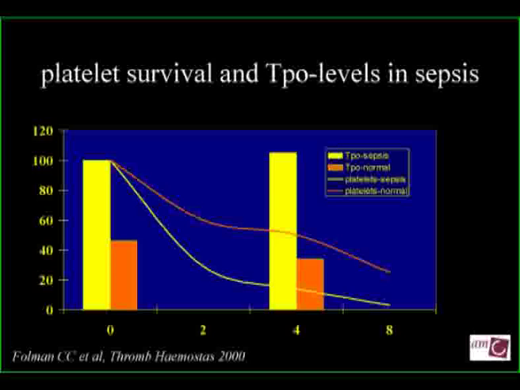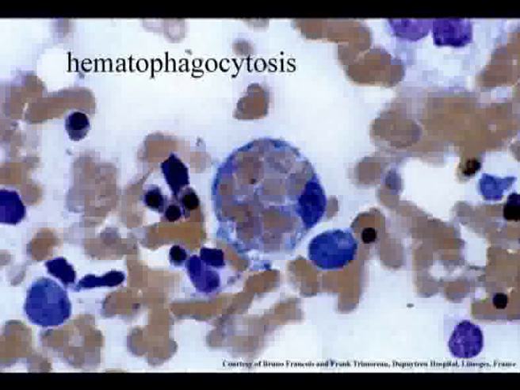One can use the measurement of thrombopoietin in plasma as a measure of platelet turnover, and if one measures platelet survival directly with platelet survival studies, it's clear that in patients with sepsis the survival is shorter. Why is the survival of platelets shorter in patients with sepsis?